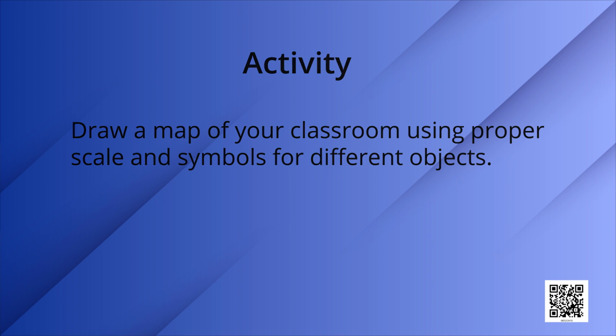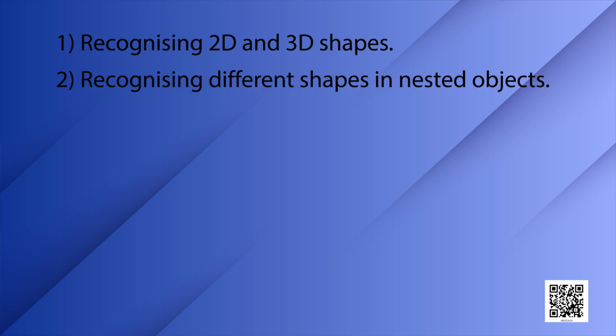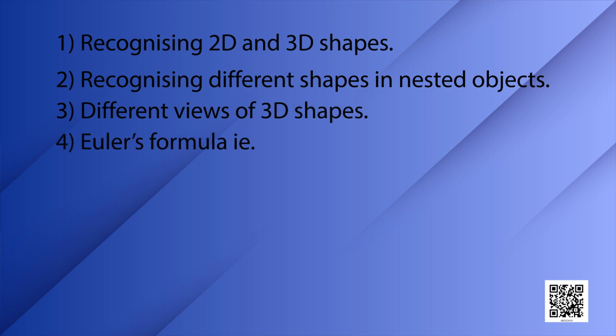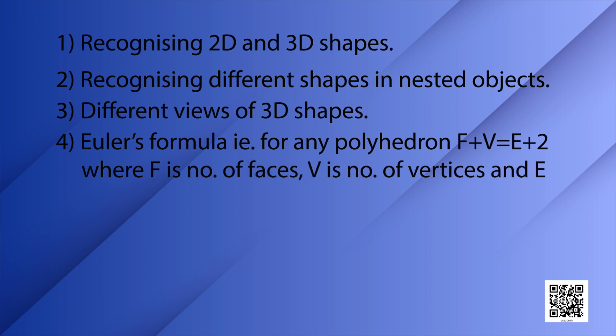So children, in this chapter we have discussed recognizing 2D and 3D shapes, recognizing different shapes in nested objects, different views of 3D shapes, Euler's formula, that is, for any polyhedron, F plus V is equal to E plus 2, where F is number of faces, V is number of vertices and E is number of edges.